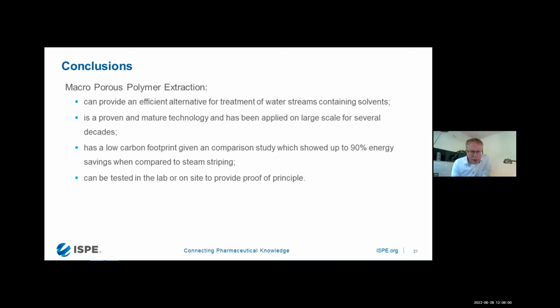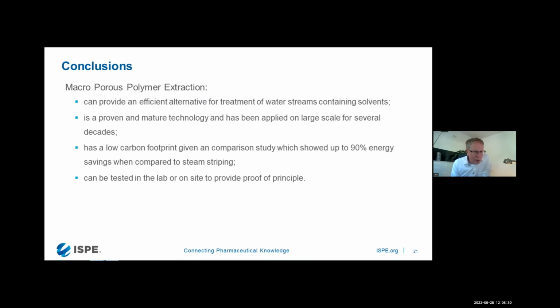For new applications, we can test it fairly simply in the lab, and our experience so far is that the lab results can be fairly well translated into a full-scale installation. As such, the testing itself is a good way of scanning the technology for different applications.